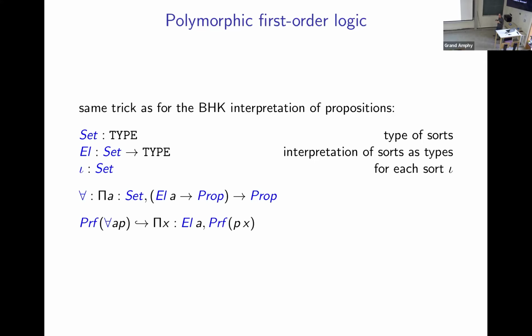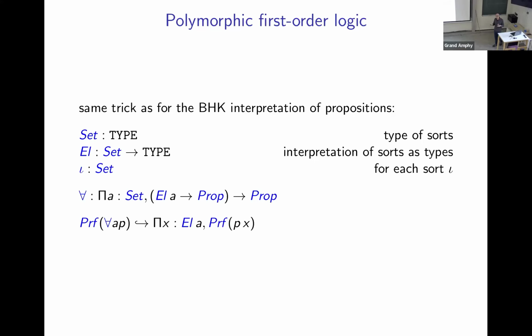The idea is that because we have potentially an infinite number of sorts, we introduce a new type constant, set, to represent these sorts. So the elements of set are sorts. It's a deep embedding. They are terms, they are objects, they are not types.